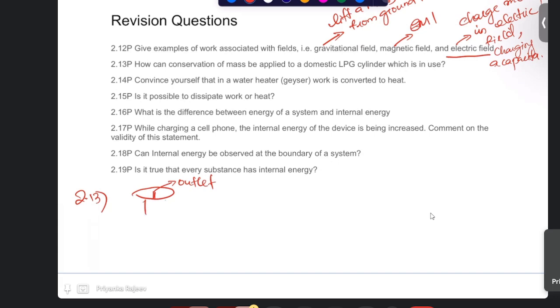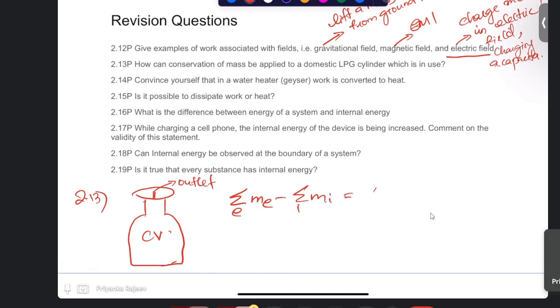So it will be something like this: no inlet, just a control volume over here and an outlet. So what will be the conservation of mass equation? This is the entire equation, equal to dm_cv by dt. What we don't have is this one.